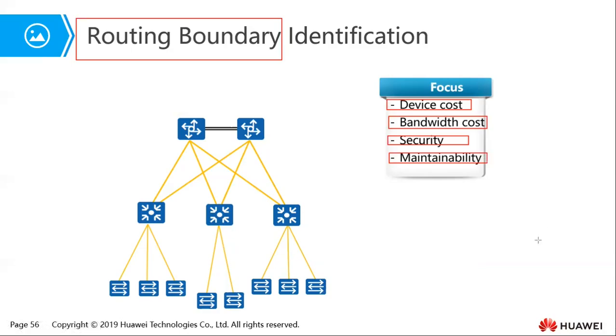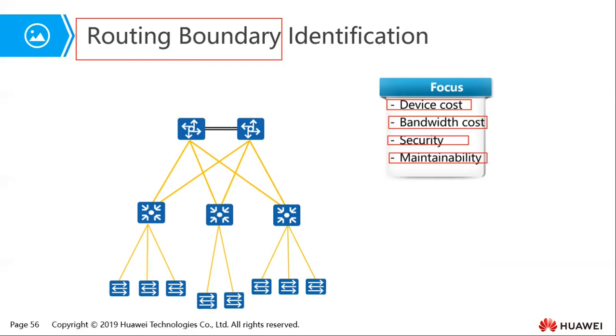Because, for example, if all these access switches are layer 3 devices, it means that managing that network is going to be more strenuous, because you have to manually configure all these switches with an IP address. Maybe you're going to have different VLANs and so on and so forth. So those are some of the things that you should consider.